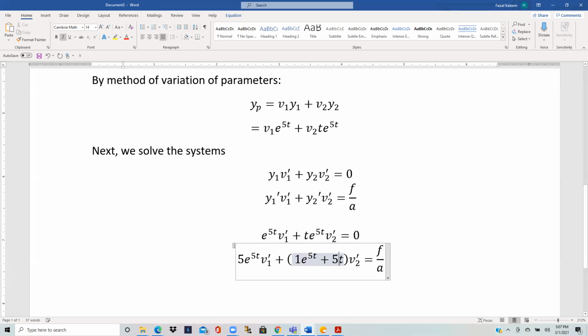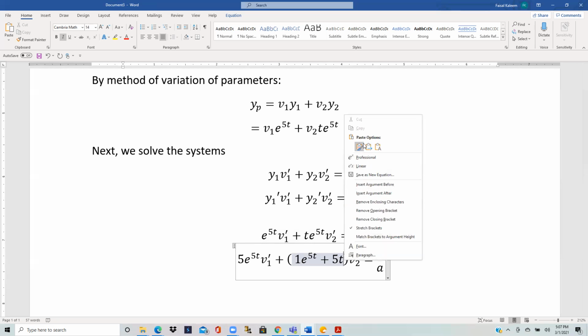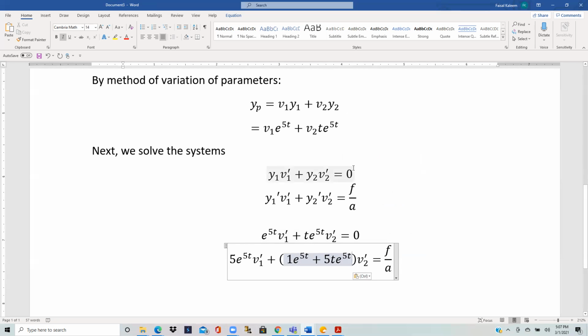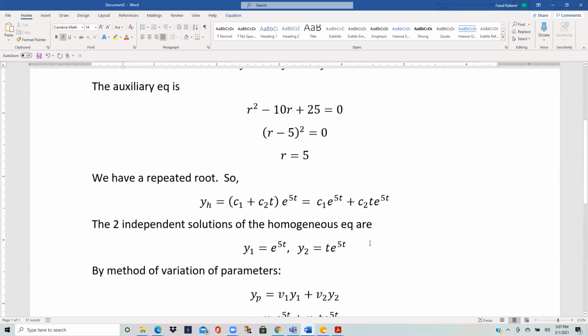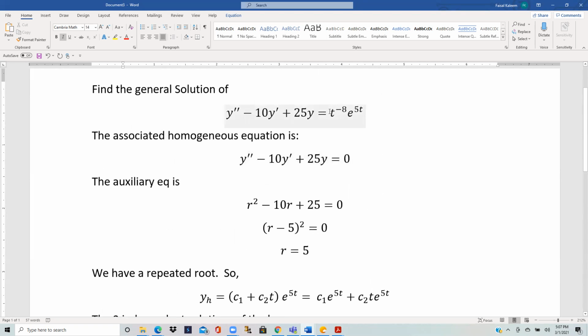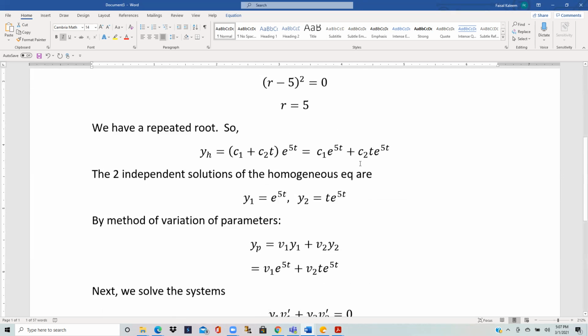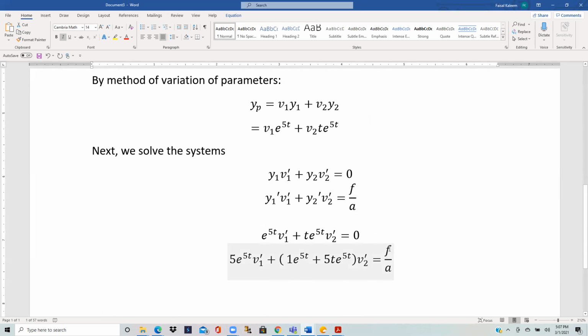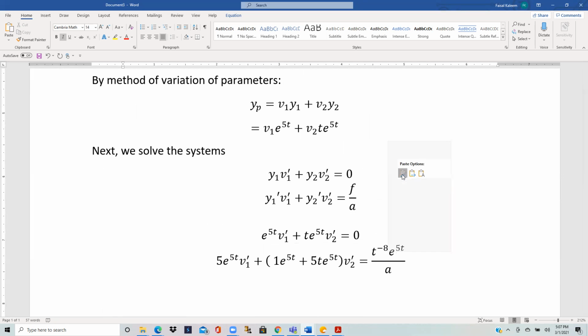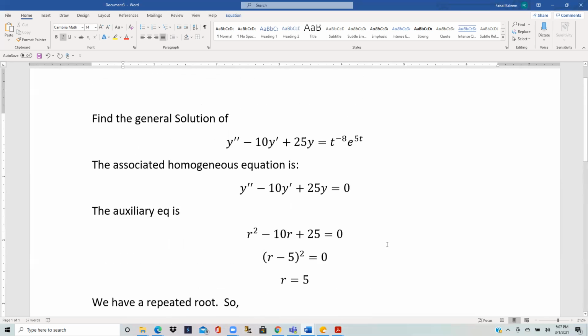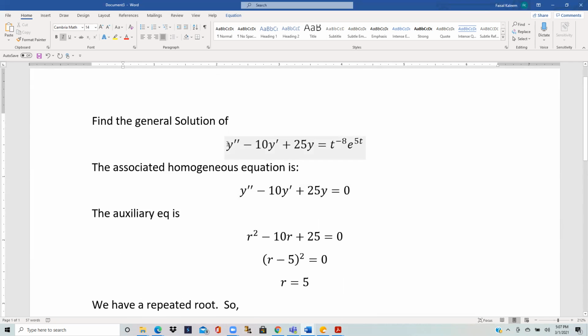So we write the 5 here and e to the 5t. Then f over a: f is the right-hand side, and a is the coefficient of y double prime, which is 1 here.